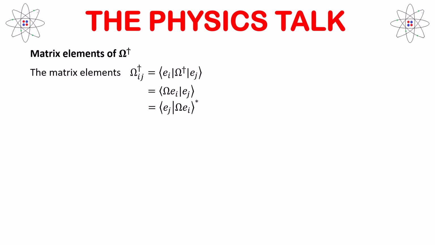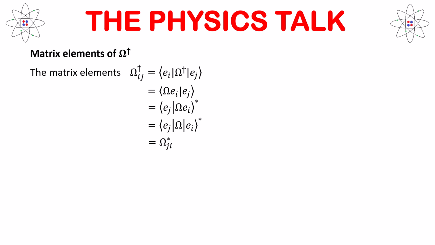Take the operator omega outside the ket symbol. This is in the form of the jith element of the matrix omega with the asterisk sign. This shows that rows and columns are interchanged between an operator and its adjoint along with the change of conjugation of the complex numbers.